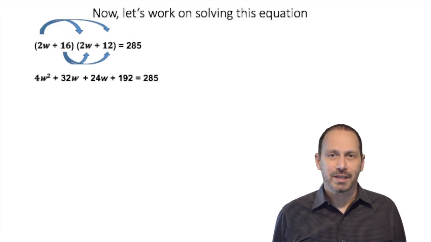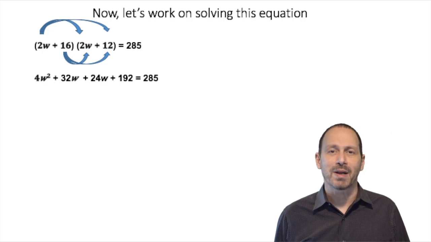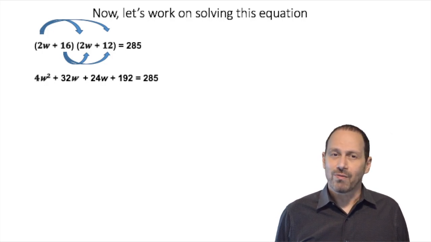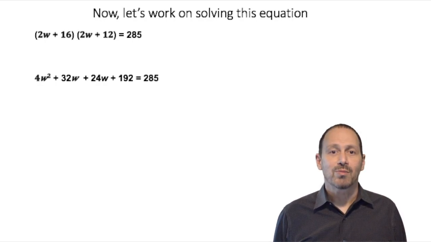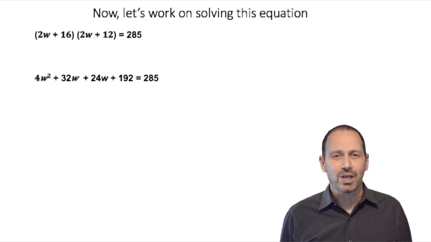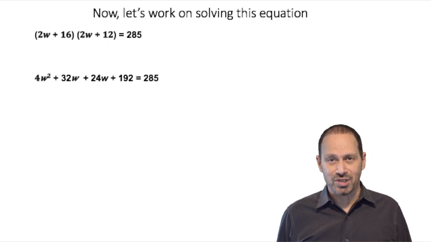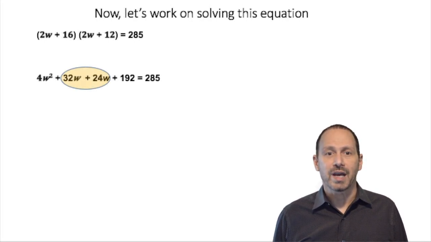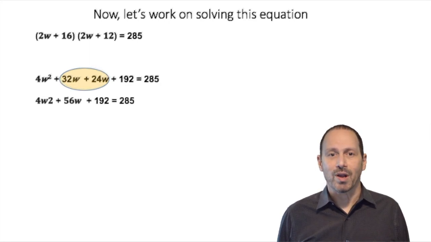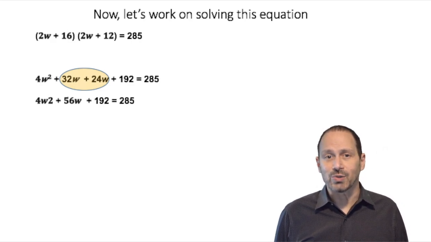When we multiply all the terms of the first binomial by all the terms of the second binomial, we get 4W squared plus 120W plus 24W plus 720 equal to 285. Now, of course, we can add up the terms that have equal variables and equal exponents, and we get 4W squared plus 144W plus 720 equals 285.